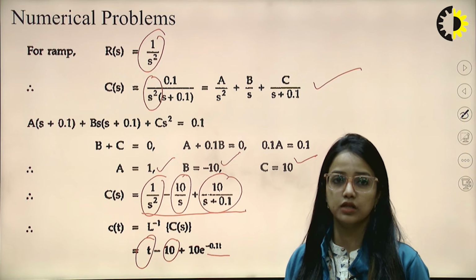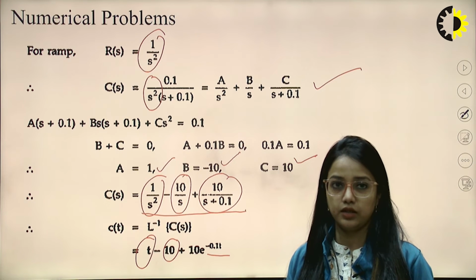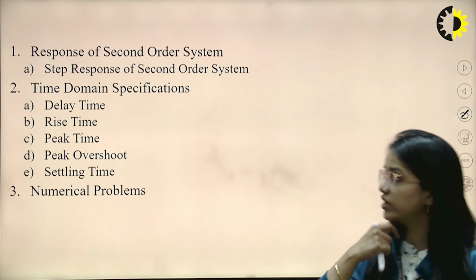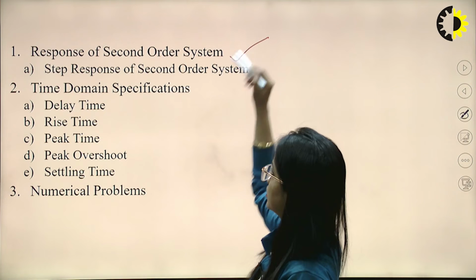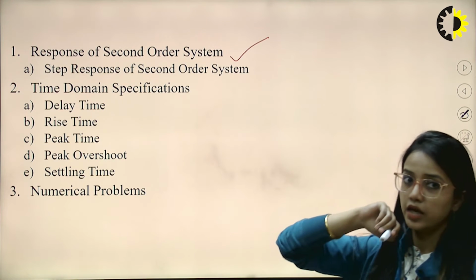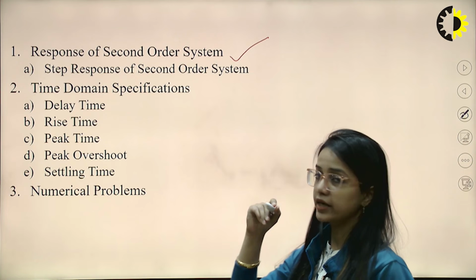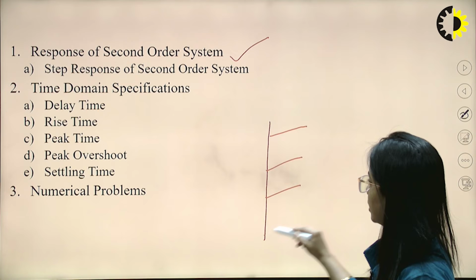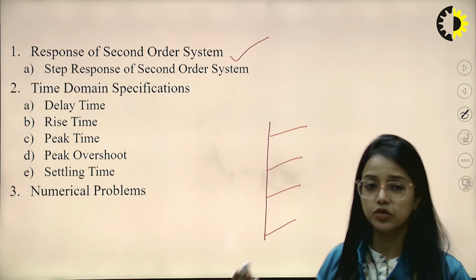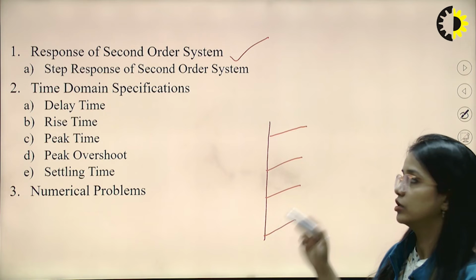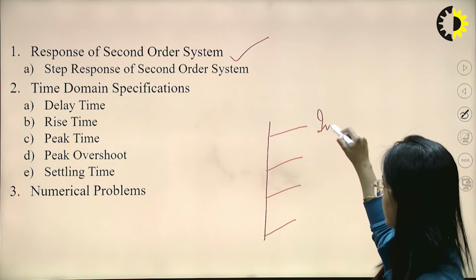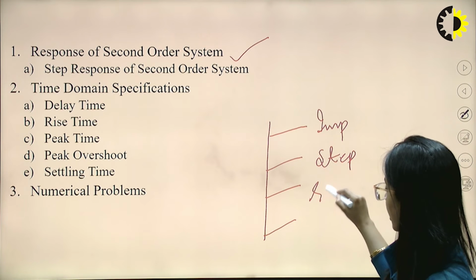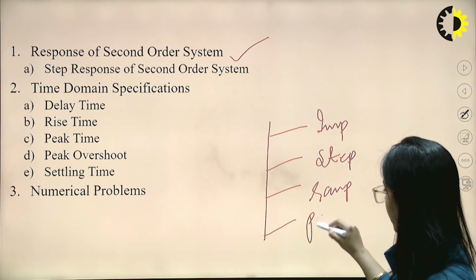From here onwards, we are going to start second order control systems. So we have to study the response of a second order system. For first order system, as in my previous lecture, we studied all 4 inputs. I'm repeating it again and again because we want these things at our fingertips. The first was impulse, the second was step, the third was ramp, and the fourth was parabolic.